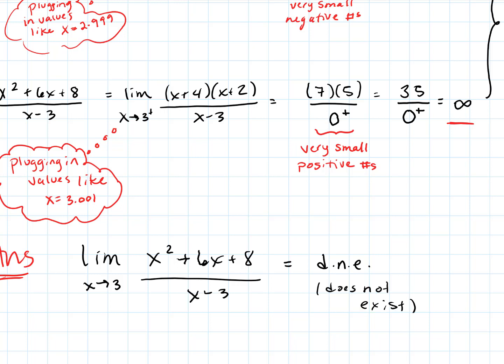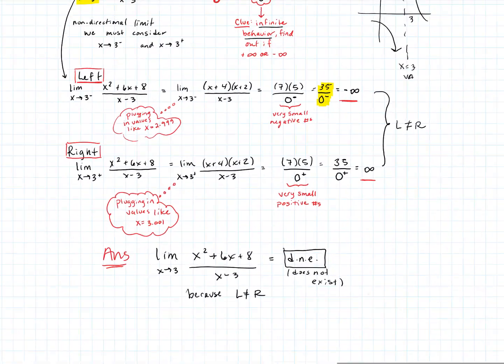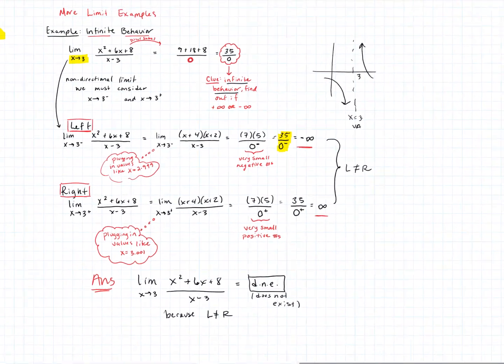And also remember that anytime we have doesn't exist, we need to justify why. And so what we can say here is, we've justified it in the lines above, but what we could say right here is because the left-hand limit does not equal the right-hand limit. And that is my shorthand notation. We've showed the justification. This is our answer. Our final answer is that it doesn't exist. And we've showed the justification up above that the left-hand limit does not equal the right-hand limit.